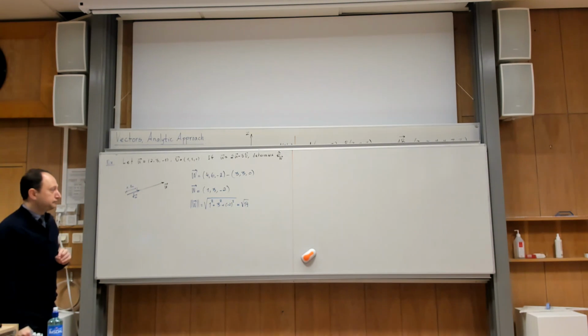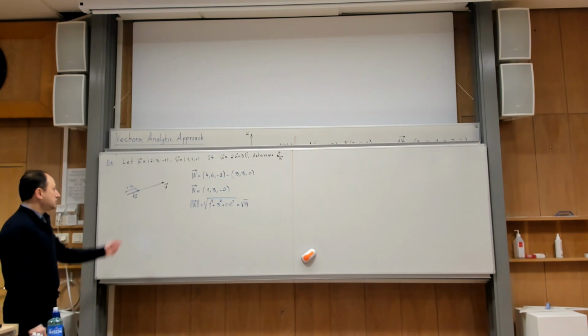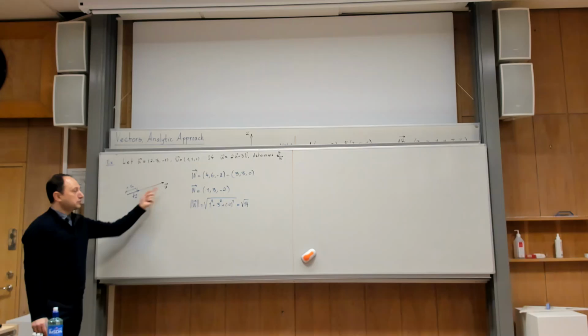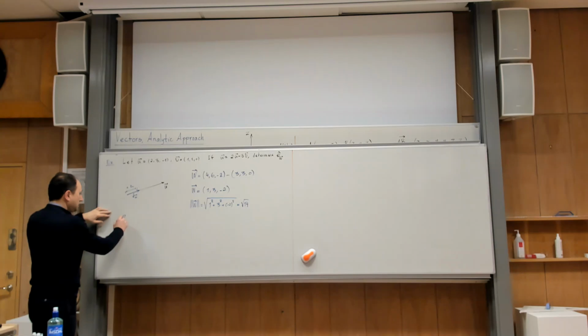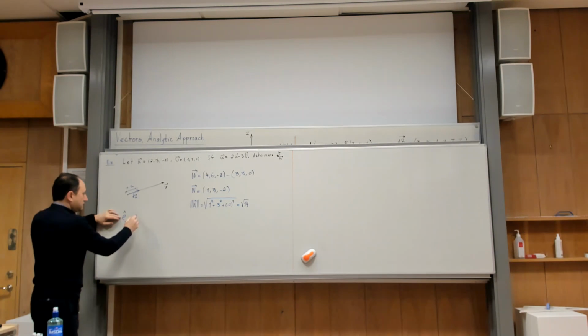Then what? Wait. Any one of you can participate. So how should I make that unit vector? Because this unit vector is parallel to my vector, that's for sure, yes? So it should be a multiple of that vector. So you shouldn't expect something very strange for E hat w.